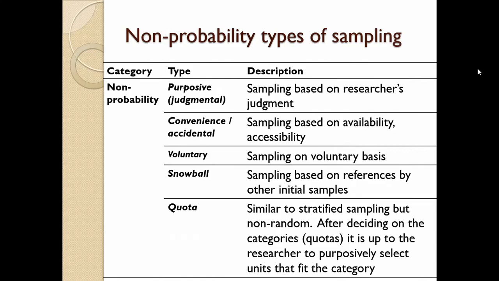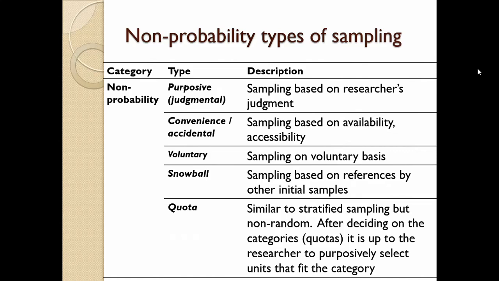Then you have snowball sampling. Snowball sampling is where, for instance, you find difficulties to identify the respondents, and then you use the respondents to refer you to other respondents, since those respondents sometimes can know each other.